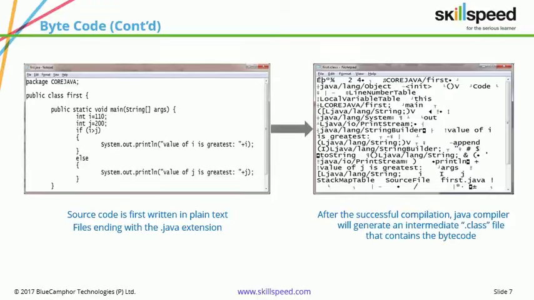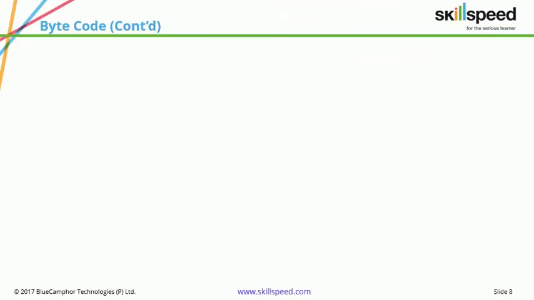The bytecode is an intermediary language before the machine can understand, which means it's an intermediary language which the machine cannot understand directly. It is a lower level program that we spoke about. Alright.